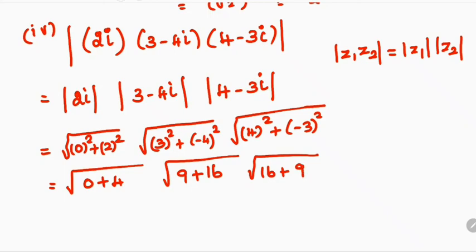The square root of 4 is 2. The square root of 9 plus 16 is the square root of 25, which is 5. And this also is the square root of 25, that is 5. So 5 into 5 is 25, and 25 into 2 is 50. So this is the modulus of the complex number.